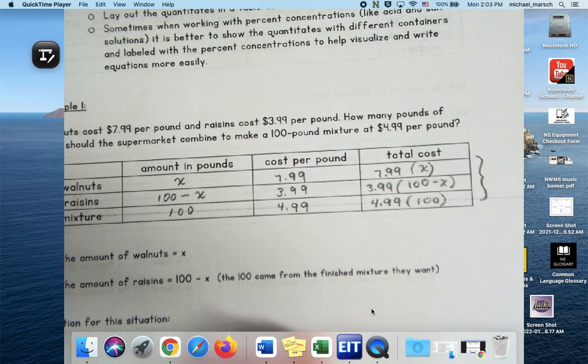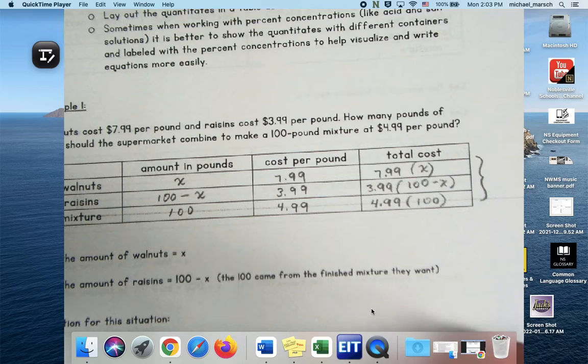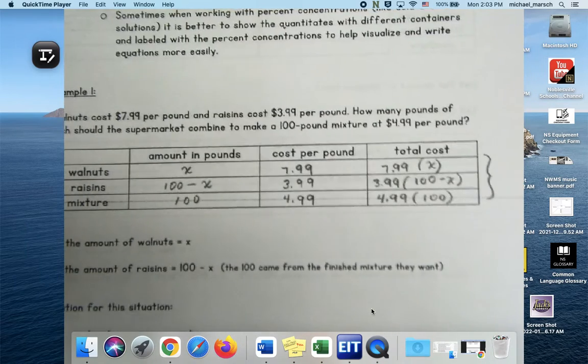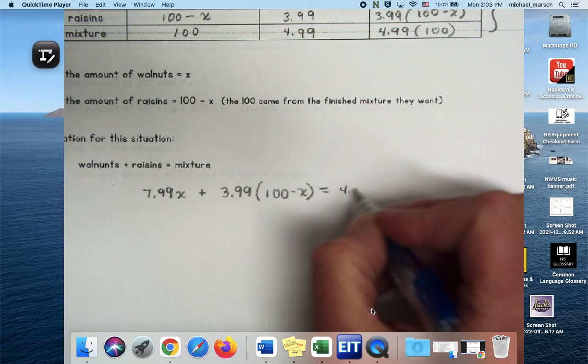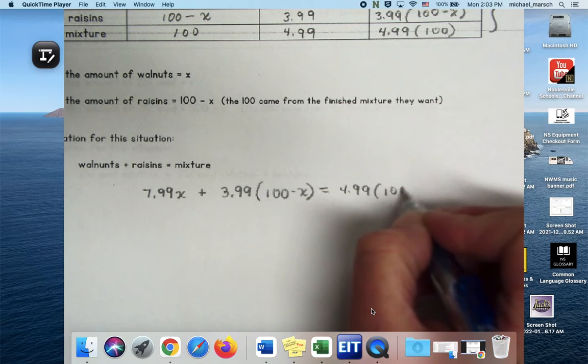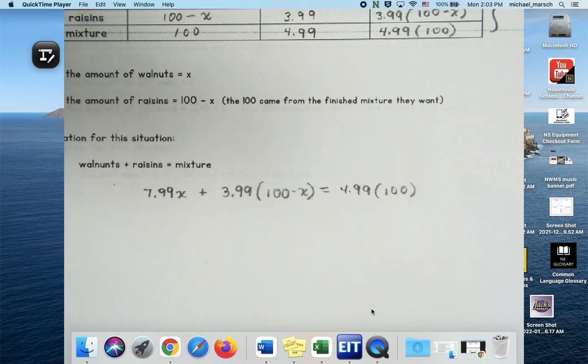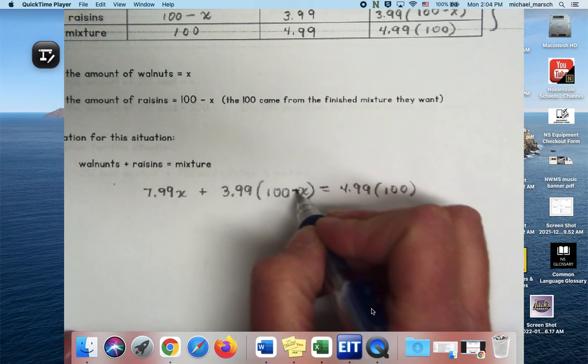So I've got $7.99 X plus $3.99 times 100 minus X. And it's going to equal $4.99 times 100. And this is a minus here, in case you can't see that.